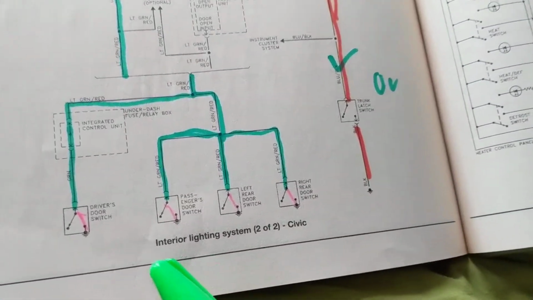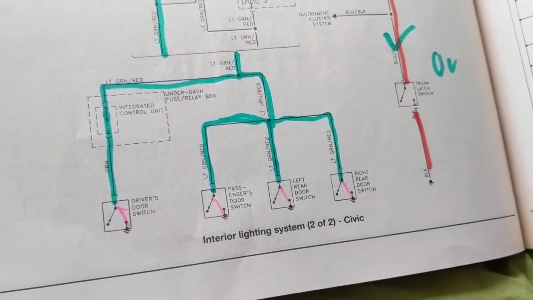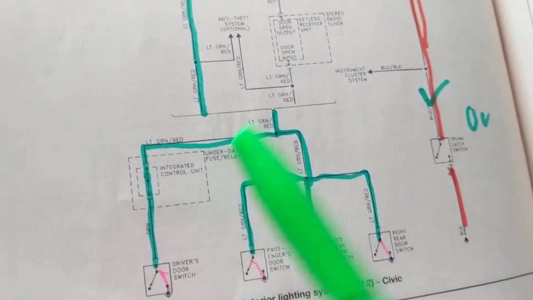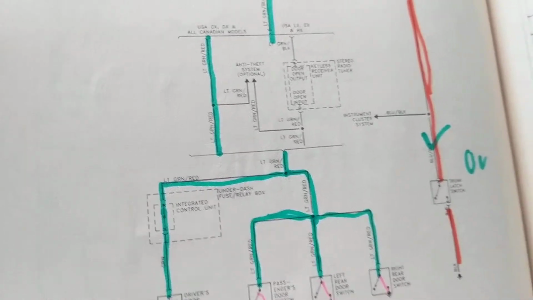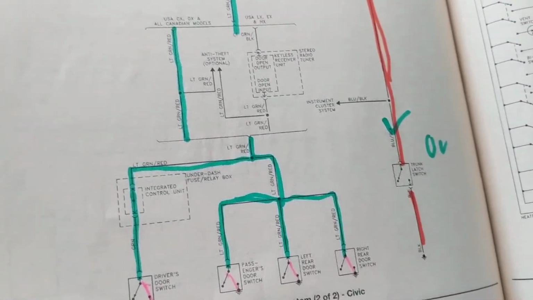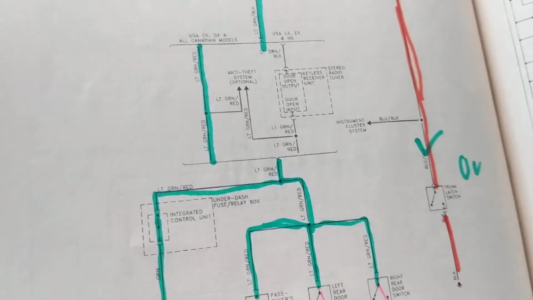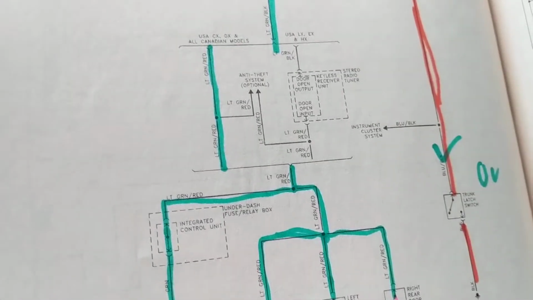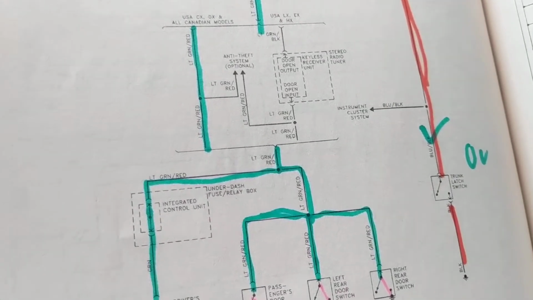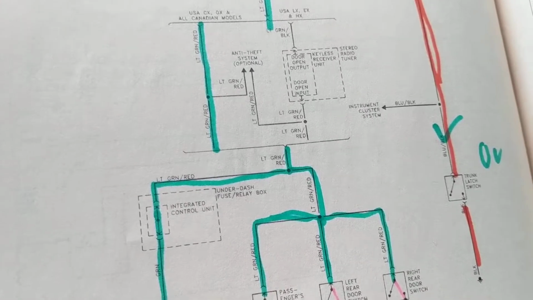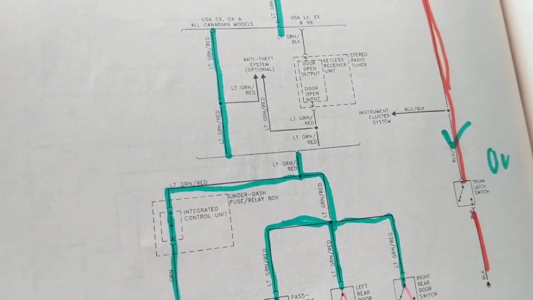The doors. How many doors? 1, 2, 3, 4, right? Civic, whatever. Now, when do I see the light? When I open the door, the light comes on, doesn't it? When I close the door, the light comes off. We don't want the light on when we're driving with the doors closed.